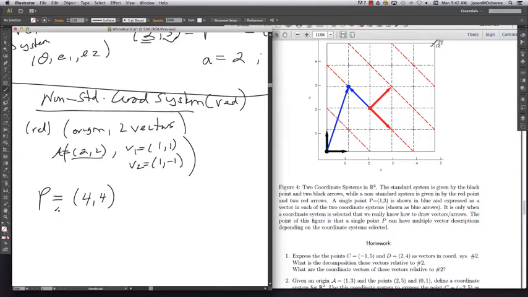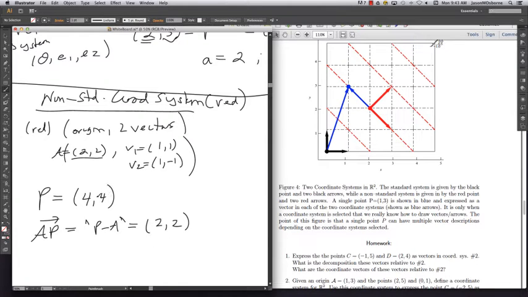Now, if you want to find the vector from this coordinate system to that point, you have to use the origin that you chose. So the vector from the origin to this point P will be P minus A. Drawing the vector from this origin to this point P, you should get the vector (2, 2).